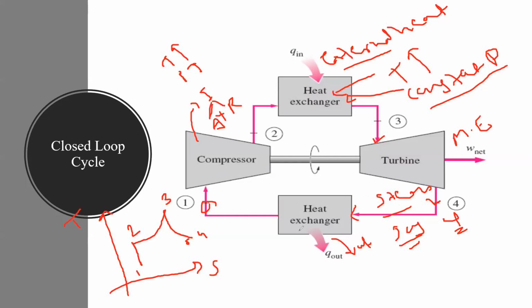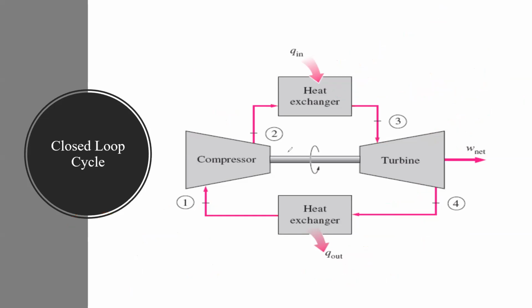Here also I maintain constant pressure. Here I also mention constant pressure. And in this turbine I also use an isentropic process. Means there are two places where an isentropic process is performed. Which two places?